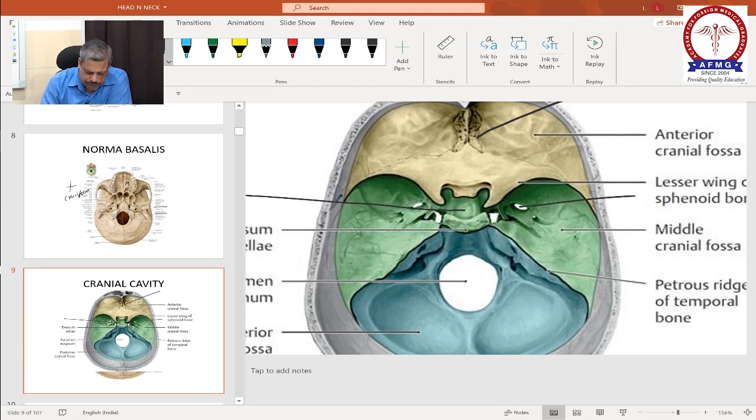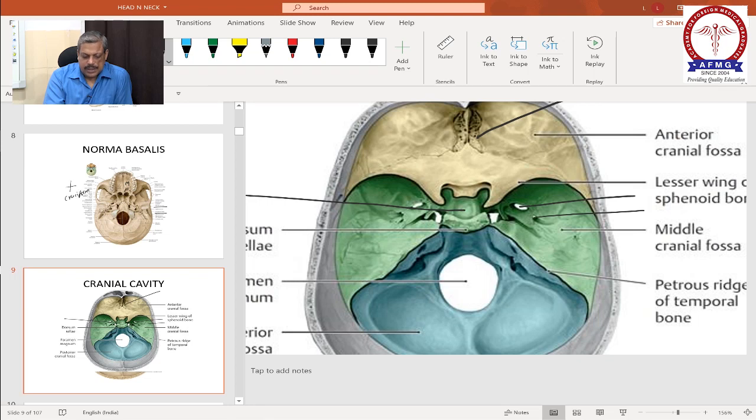Just posteriorly and laterally to the foramen ovale is the foramen spinosum. You can easily identify these openings: foramen ovale, foramen spinosum. The foramen spinosum is posterolateral to the foramen ovale, both posterior and lateral.